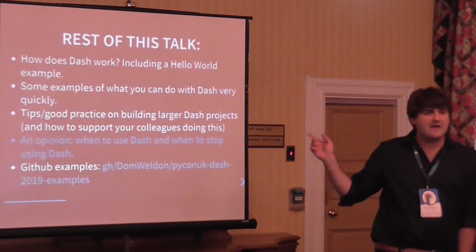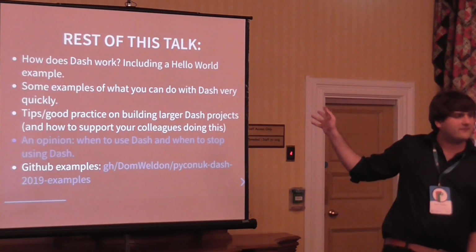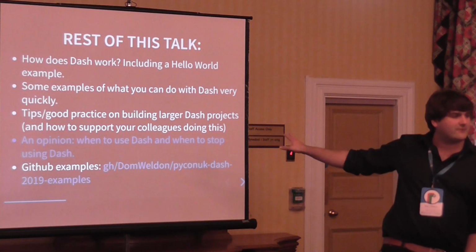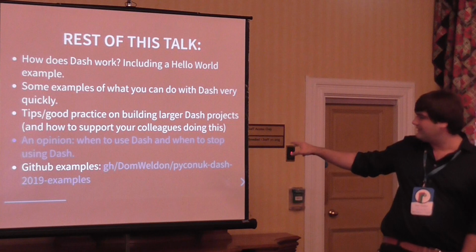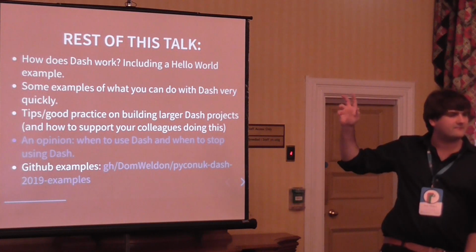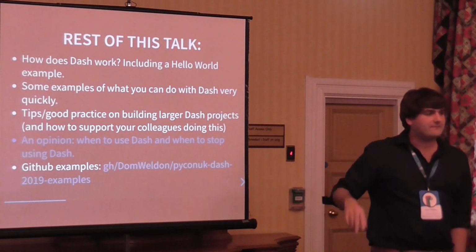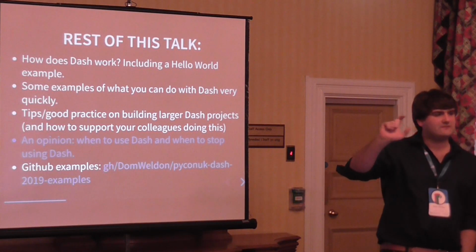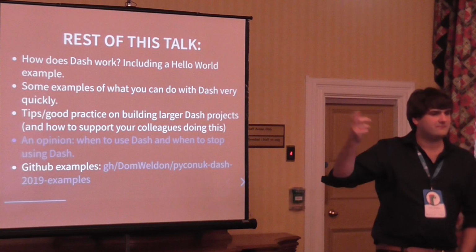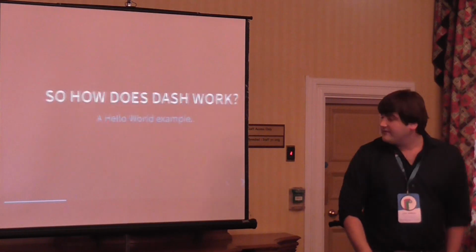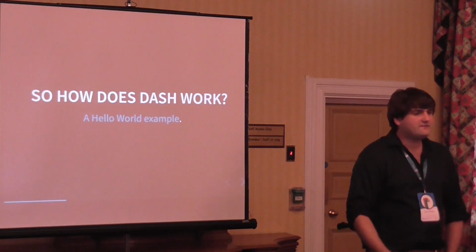I'm afraid there will be some code up on this screen, so rather than squint, the GitHub repository, which was mentioned at the start, and which I'll tweet about and put on the pre-talk site at the end, has all the examples in. If you go to github.com/Weldon, W-E-L-D-O-N, you'll find the repository there with a lot of code.